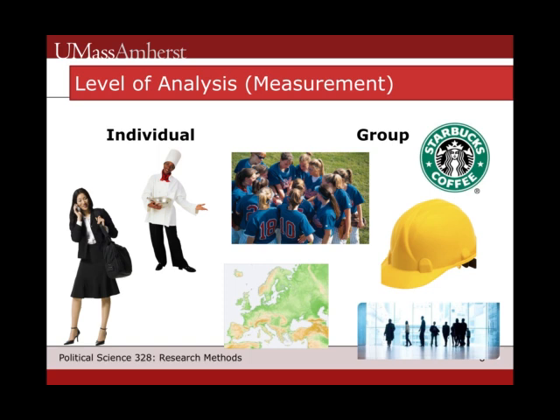That can again be measured at the individual or group, but again, you have to be really careful in thinking about the hypotheses you do, whether you're thinking about a group level of analysis or an individual, or in fact some sort of a multi-level model, which is a more advanced technique.